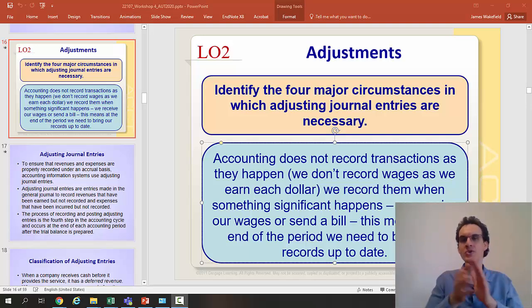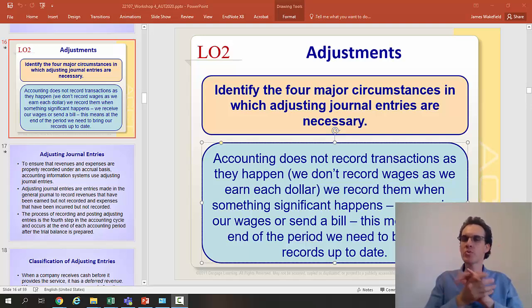We need entries that recognize that there are activities occurring, there are resources that are being used, there are revenues that are being earned, but they are not explicitly related to a transaction triggering event occurring that will lead us to write it down in our general journal during the period.